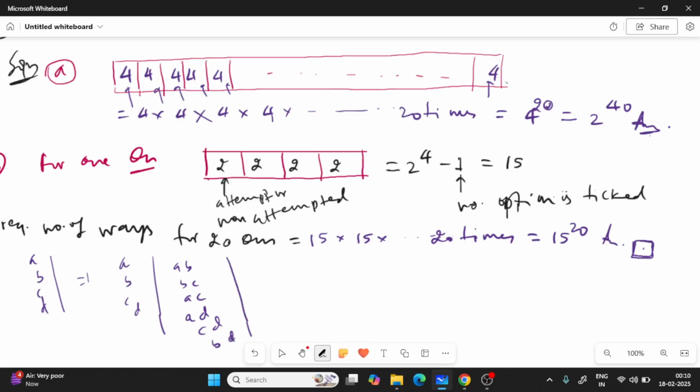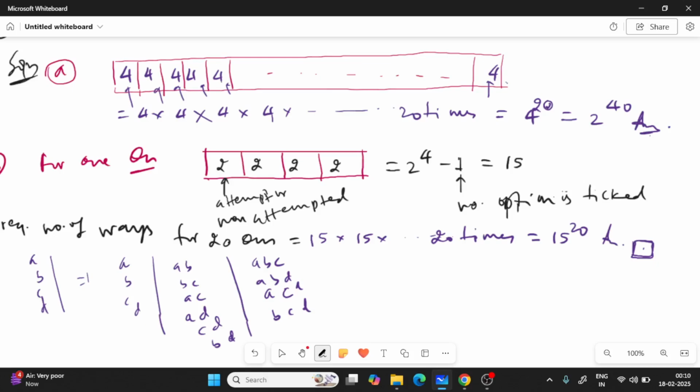When you mark three options, then ABC, ABD, ACD, and BCD. And when you mark all the options, then ABCD.